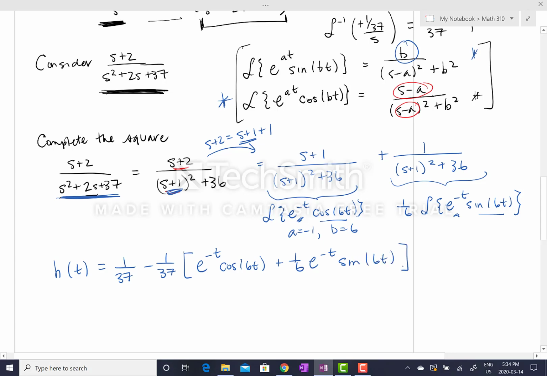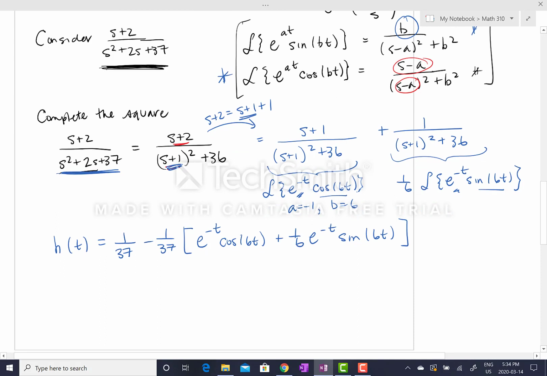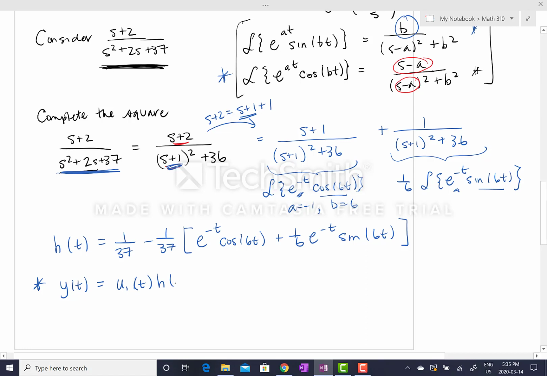Okay, we're not quite finished because y of t is equal to u1. This is our answer right here. Y of t is equal to u1 of t h of t minus 1 minus u4 of t h of t minus 4.